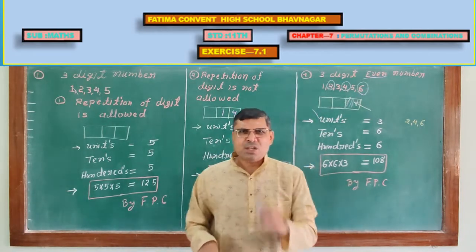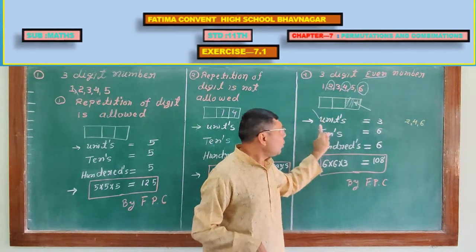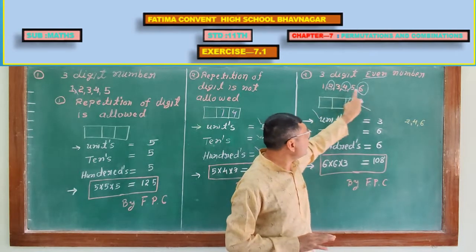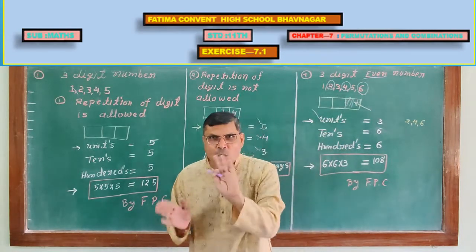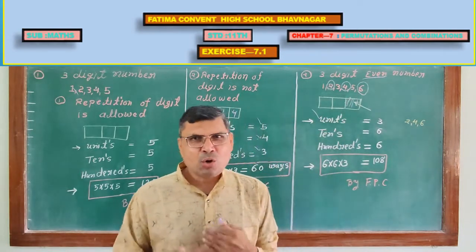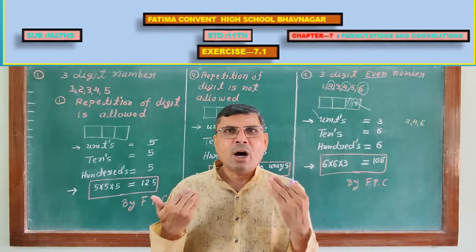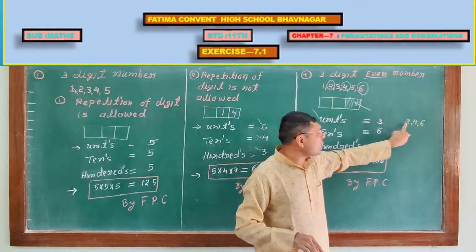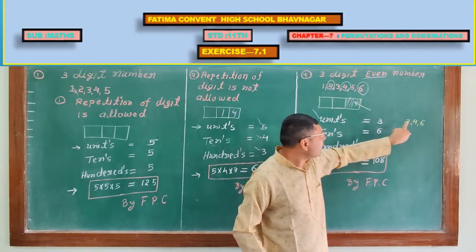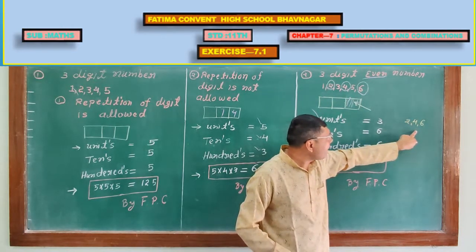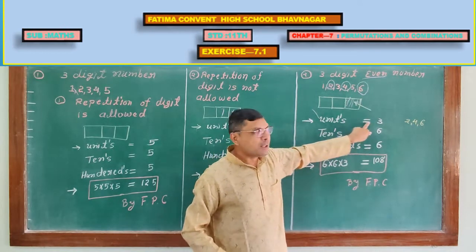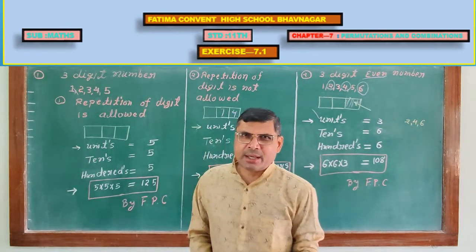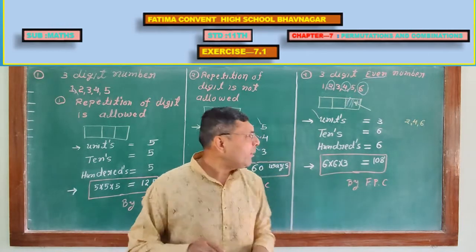So for the unit place, you can select any one out of these 3. I cannot select all the numbers because I want an even number. So I have 3 choices for the unit place, that is 2, 4 and 6.